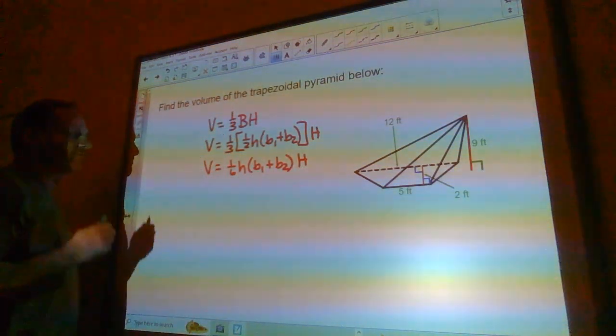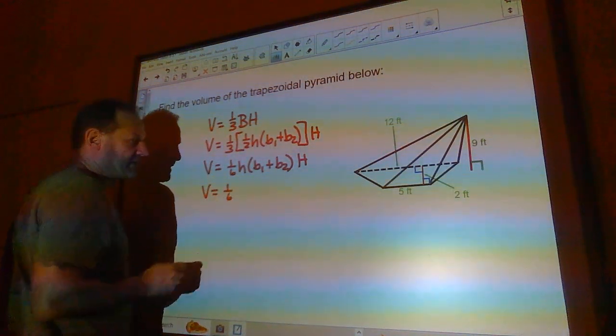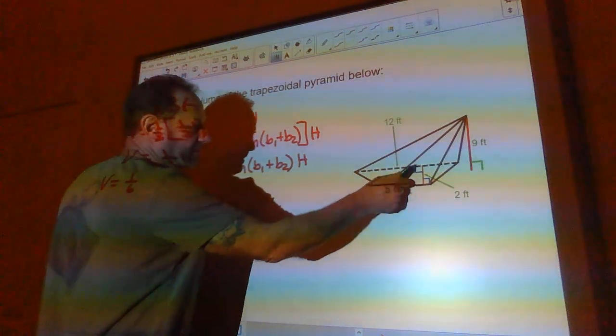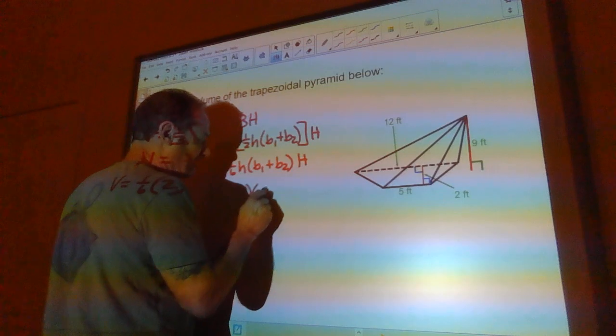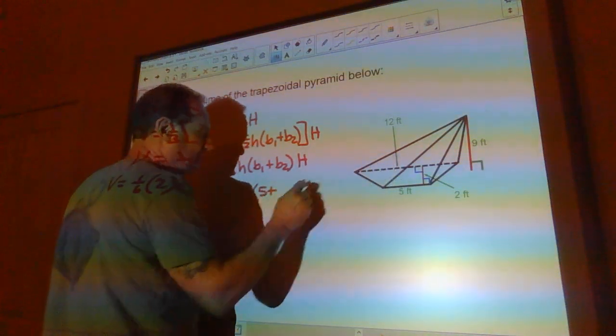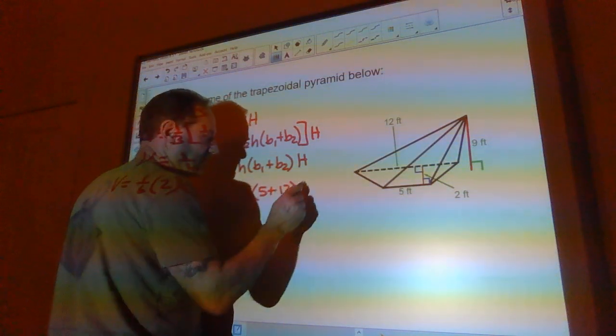So there's our final formula. Volume is going to be 1/6 times h, that's 2, times base 1 is 5, plus base 2 is 12, times the height of the pyramid, which is 9.